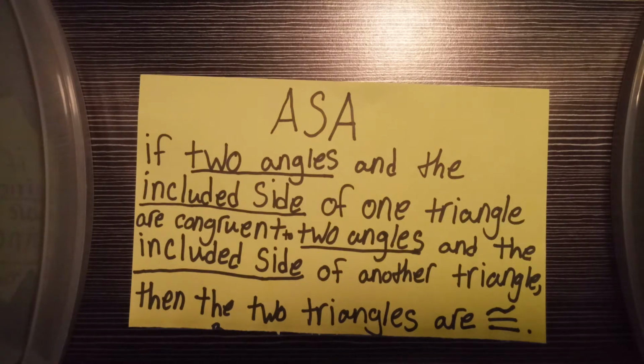Angle, side, angle. If two angles and an included side of one triangle are congruent to two angles and an included side of another triangle, then the two triangles are congruent.